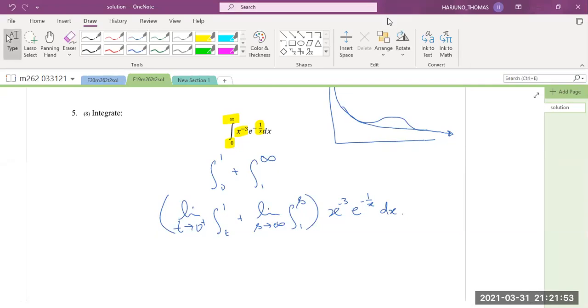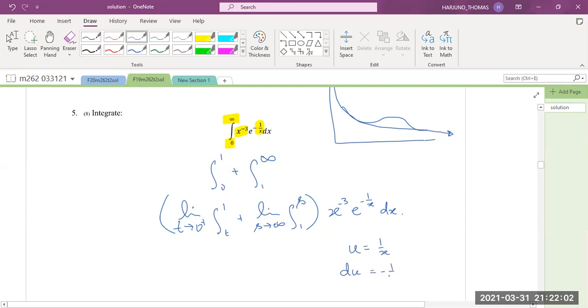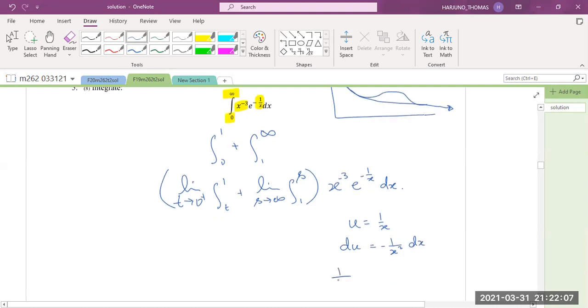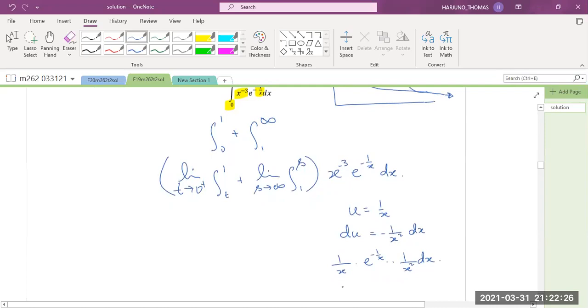Okay, other question maybe? So I think your integral later on becomes u e to the negative u negative du. Yeah, something like that.